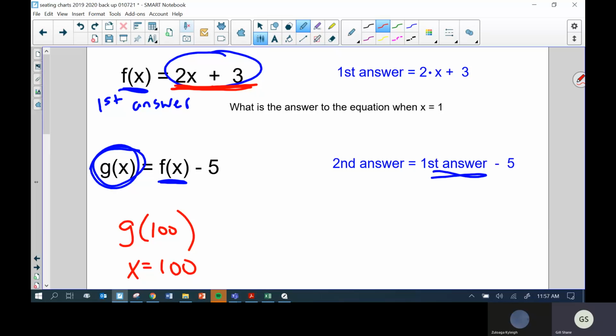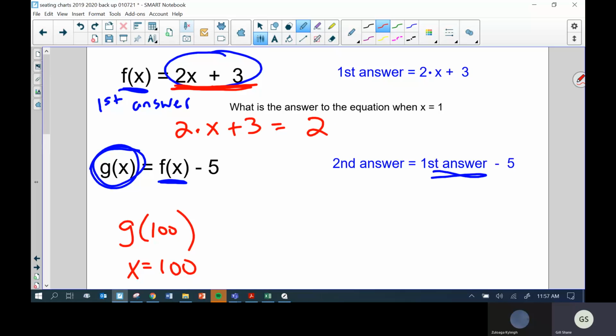So the way I solve the first equation is I just say, well, if x equals 100, I know the first equation is 2 times x plus 3. This is an x variable, not a multiplication symbol. We don't use that in math, you know, hopefully know that by now.